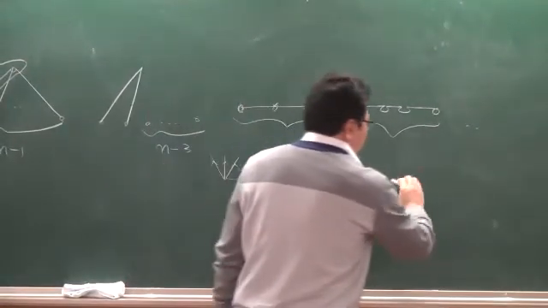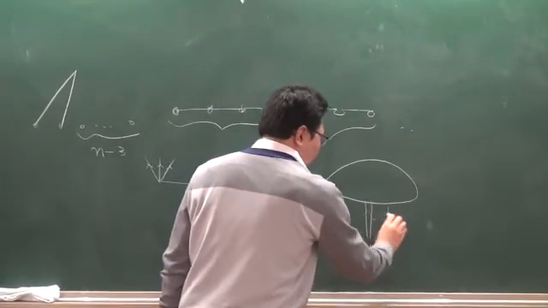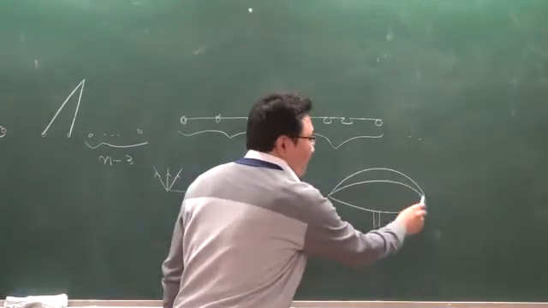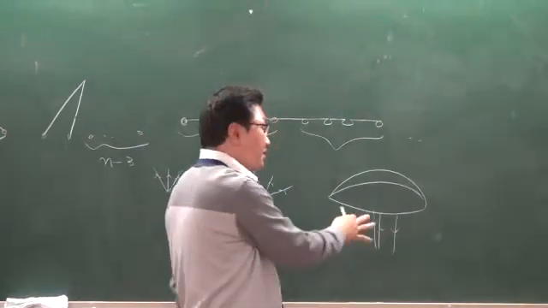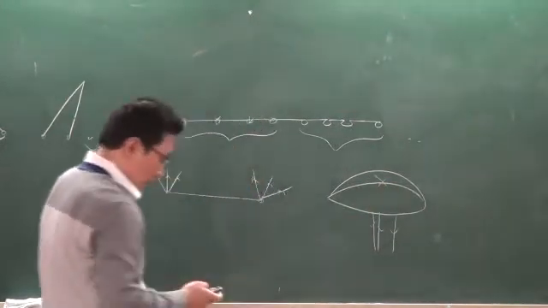And for cyclic paths, we give an orientation like that. But if the edge is inside of a cyclic path, then we do not give an orientation. Okay.